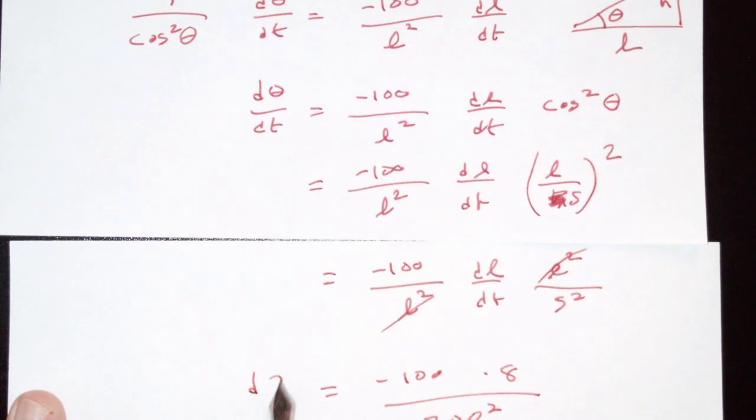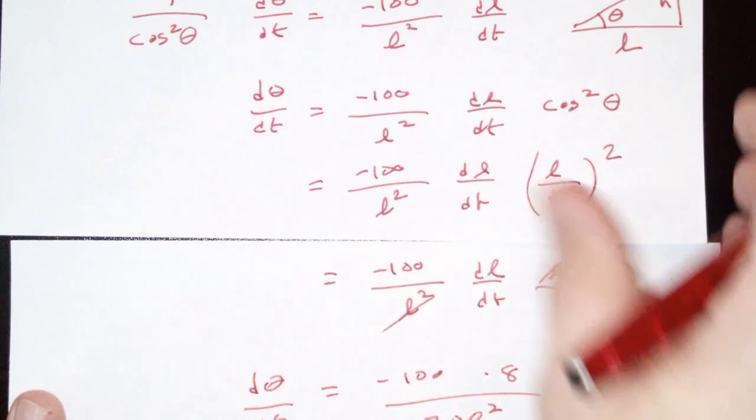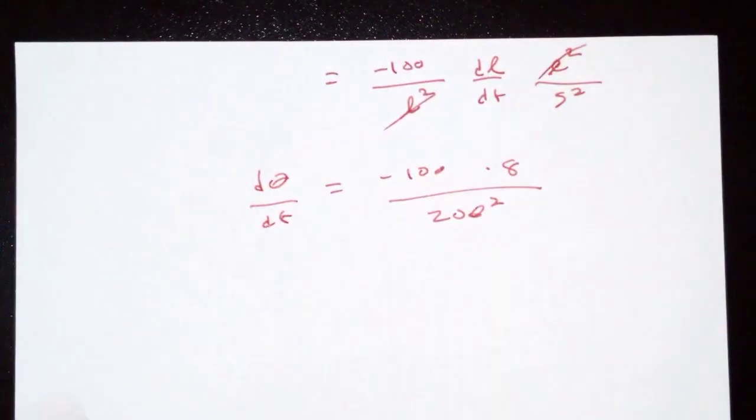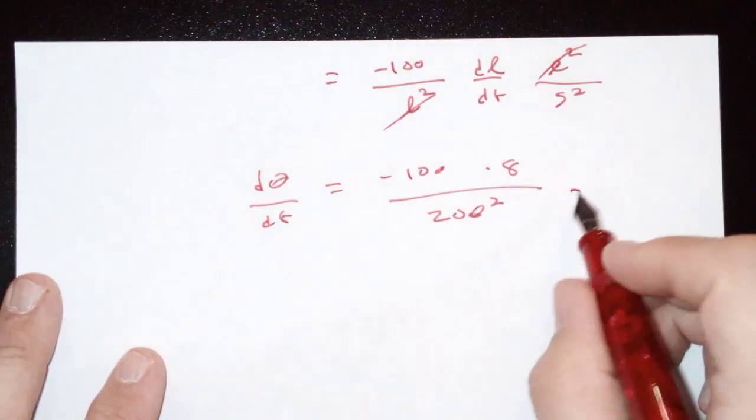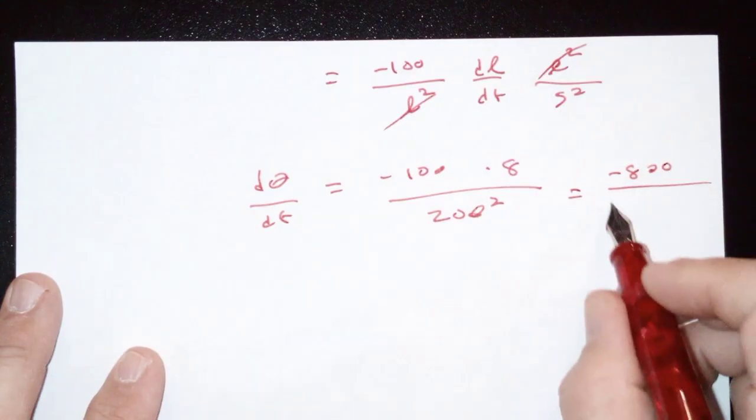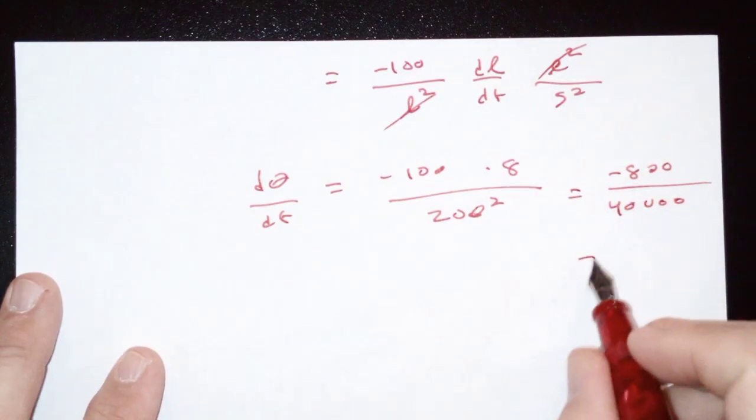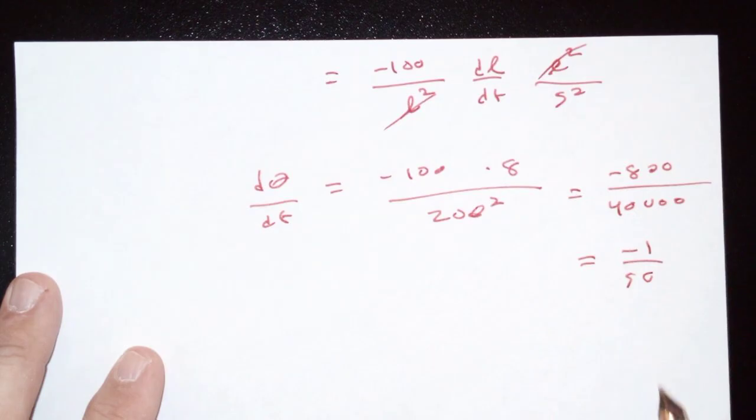That's d theta dt. Which, by the way, simplifies. Minus 800 over 40,000 is negative 1 over 50, which is negative 0.02.